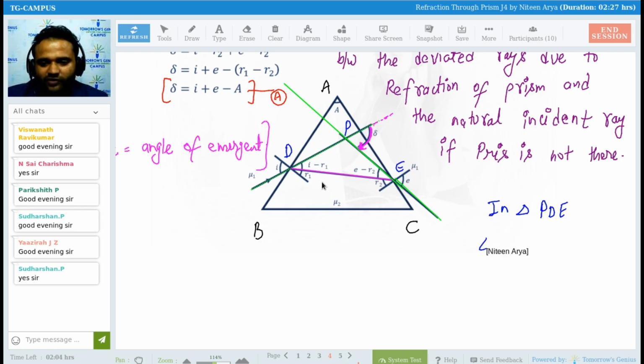This external angle, which is the angle of deviation, is equal to the sum of the two opposite angles. Now what are the two opposite angles? I minus R1 and E minus R2.